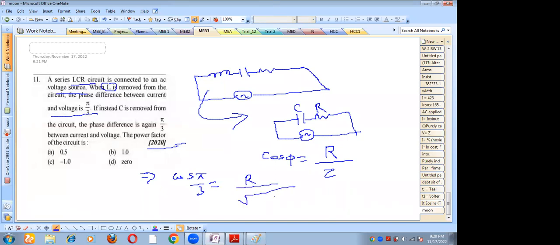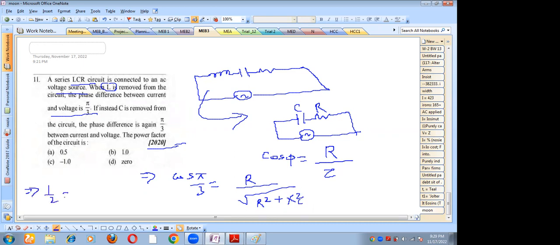Z will be the square root of R square plus XC square. So cos pi by 3 is 1 by 2, that is R by root of R square plus XC square. This is equation 1.